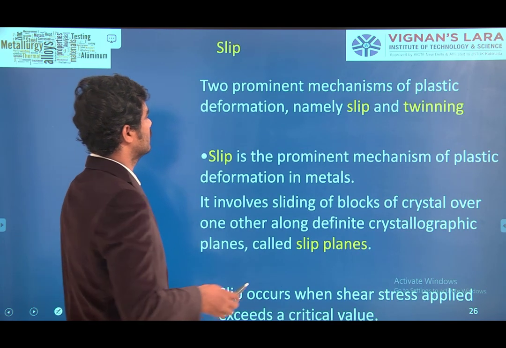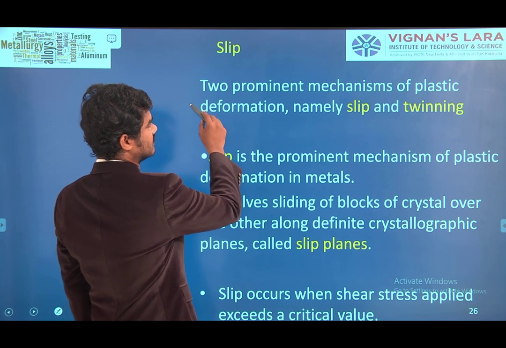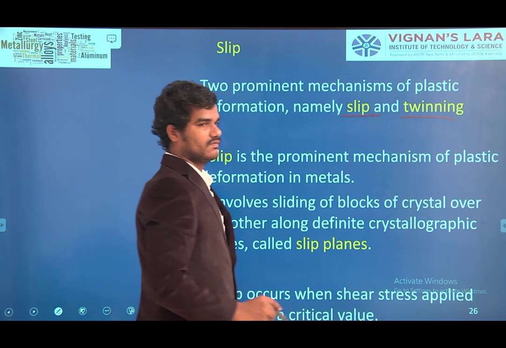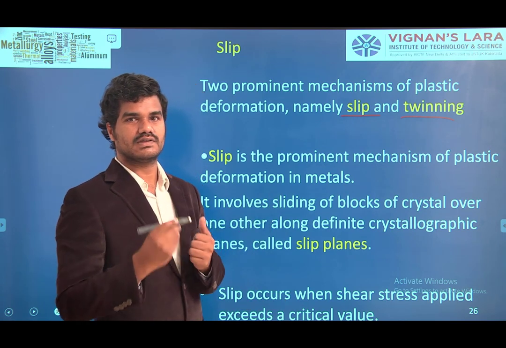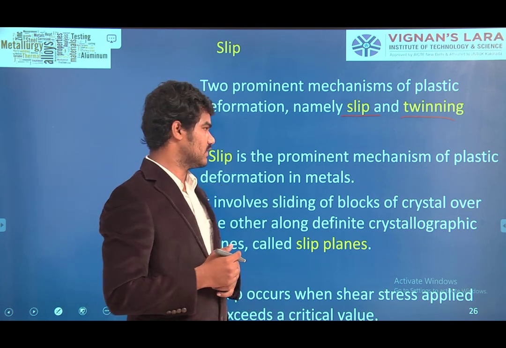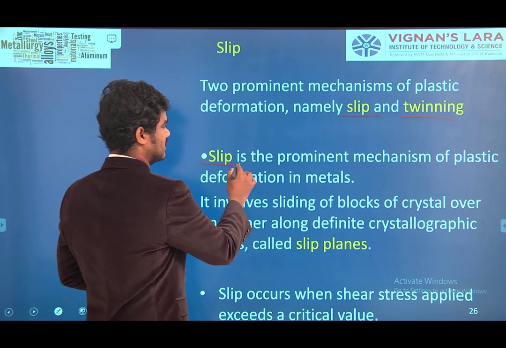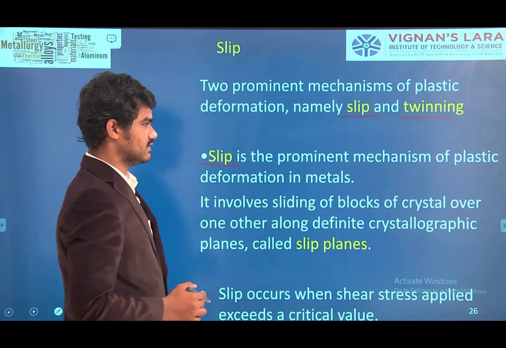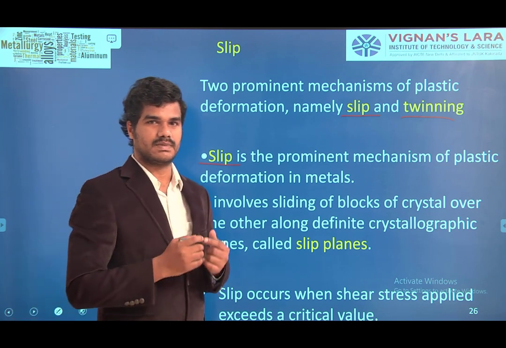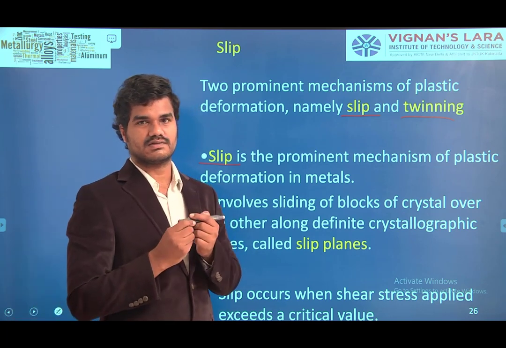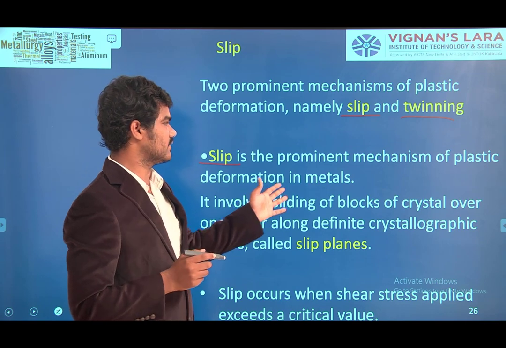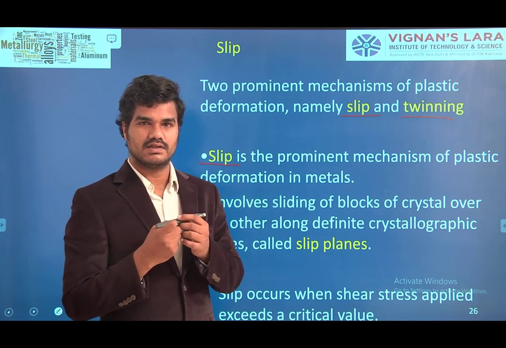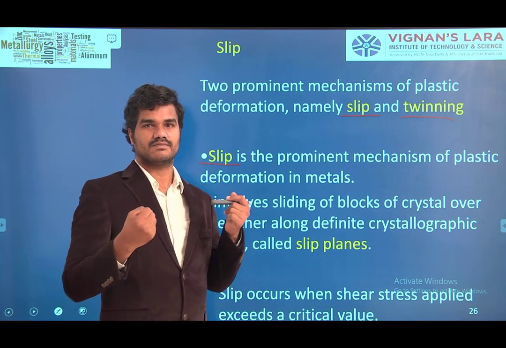Two prominent mechanisms of plastic deformation are slip and twinning. The change in shape is happening due to only slip and twinning. What is slip? Slip is the prominent mechanism of plastic deformation in metals. Because the slip is there between two grains only, the plastic deformation is happening.